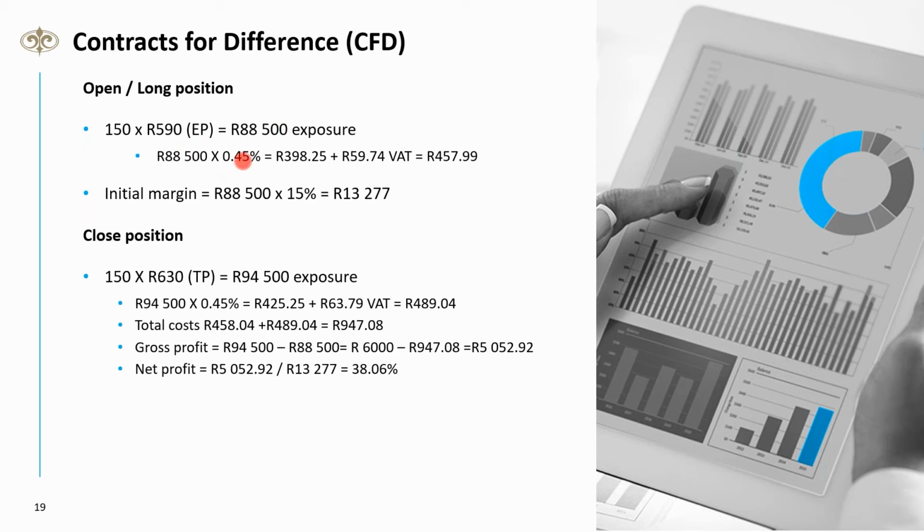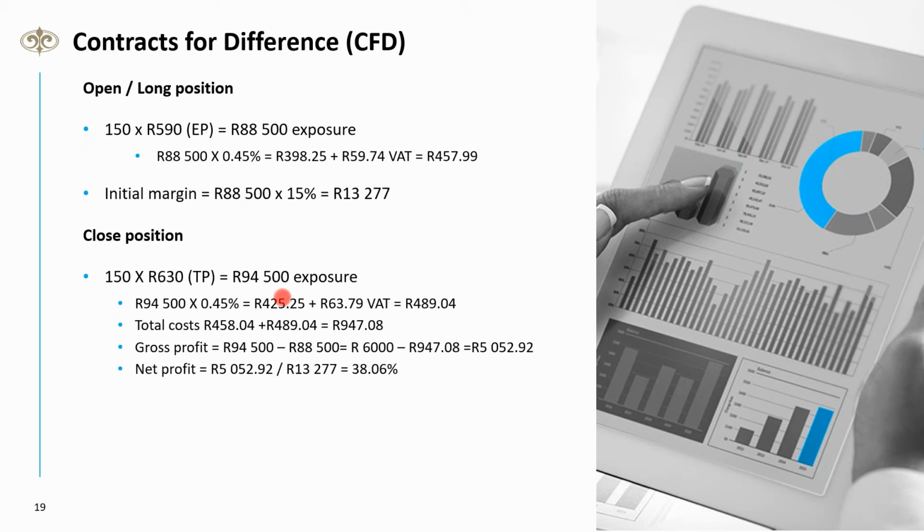The brokerage for CFDs is 0.45%, that's 398 plus VAT, which would be in the opening leg of the transaction. My initial margin, remember it's a top 40 stock, so it's only 15%. So 15% of my exposure, I would only have put down 13,277 Rand of my own money to have 100% exposure.